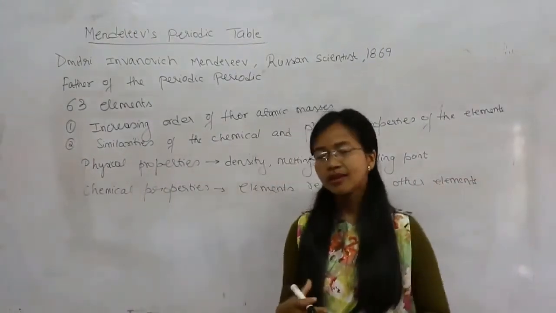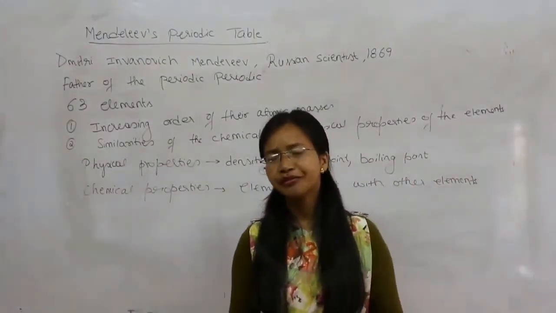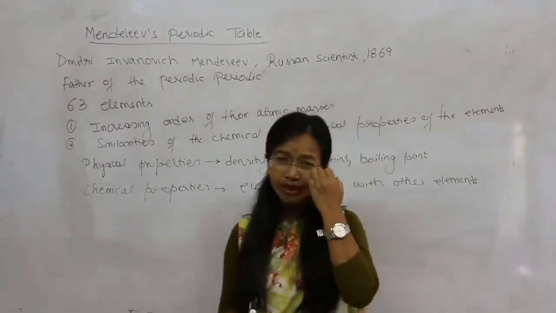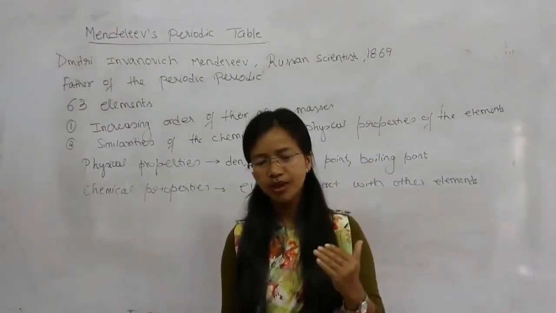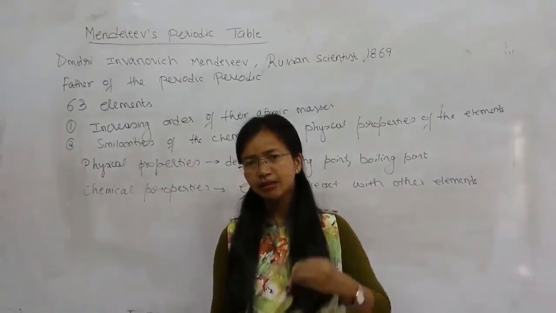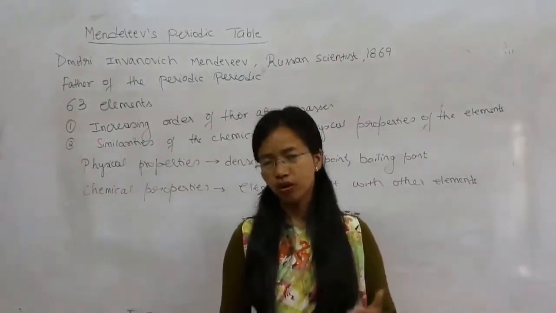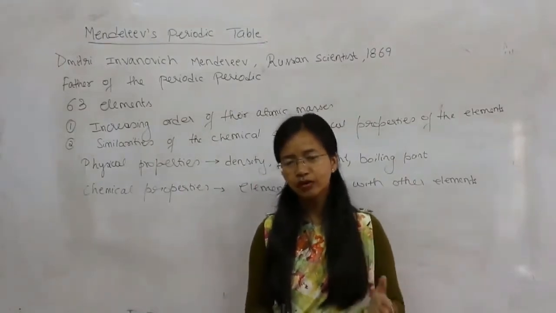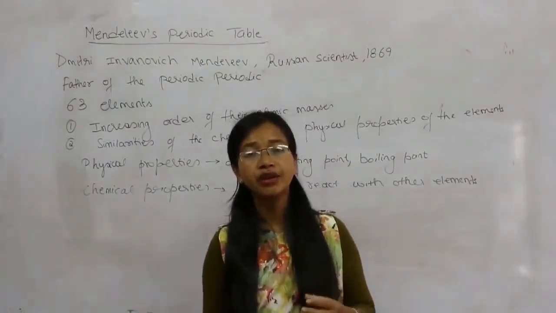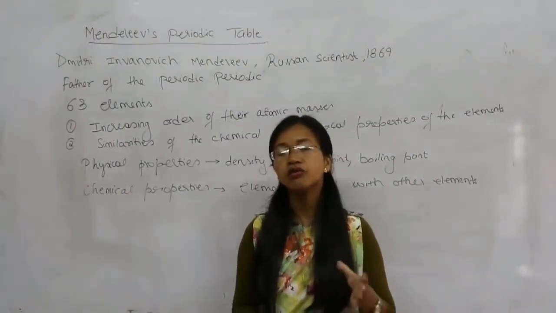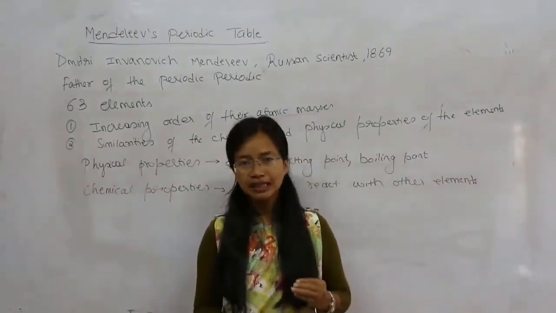In this table, Mendeleev took the elements' reactions with hydrogen and oxygen. He chose hydrogen and oxygen because they are very reactive and can form compounds with many other elements.